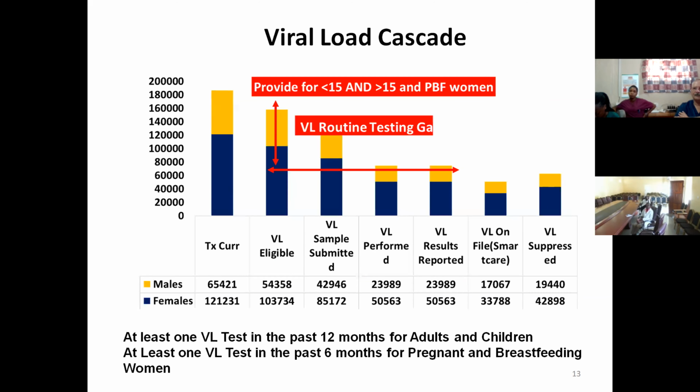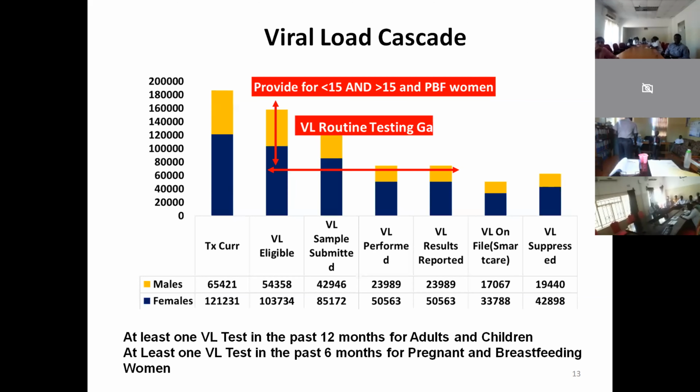This is a very effective means to assess the progress of your viral load activities, and it allows you to identify the gaps and challenges at different steps of your process of routine viral load testing, from establishing the number of those who are eligible up to getting the results and acting upon the results you get.